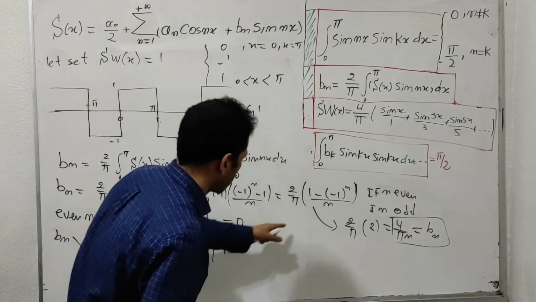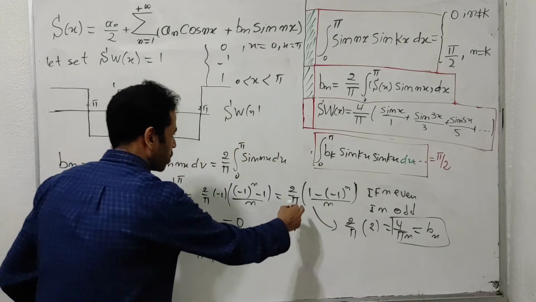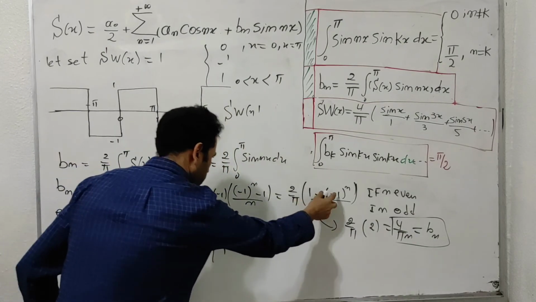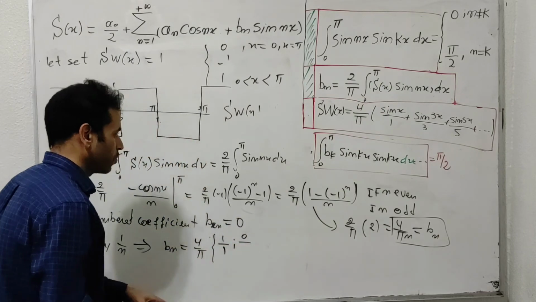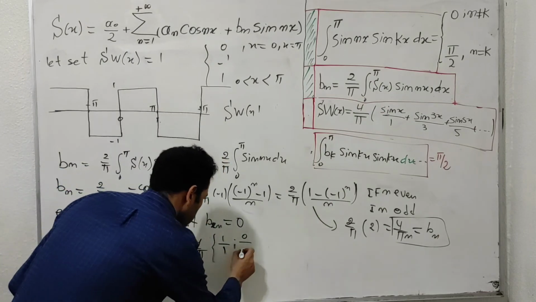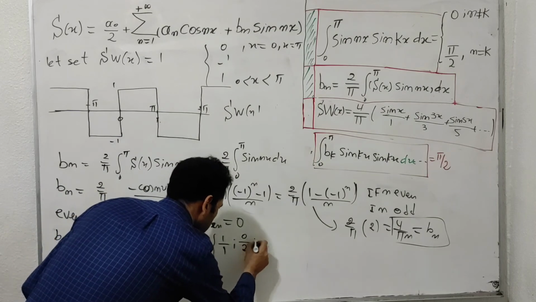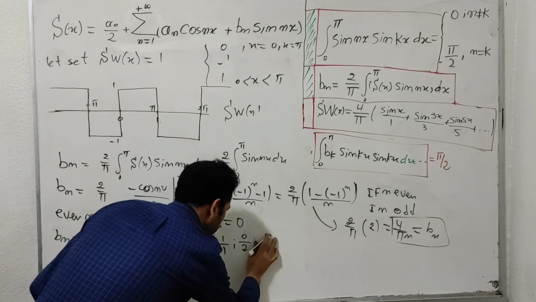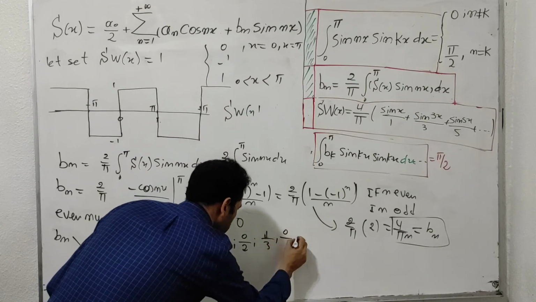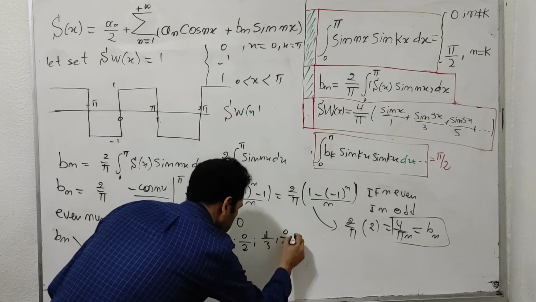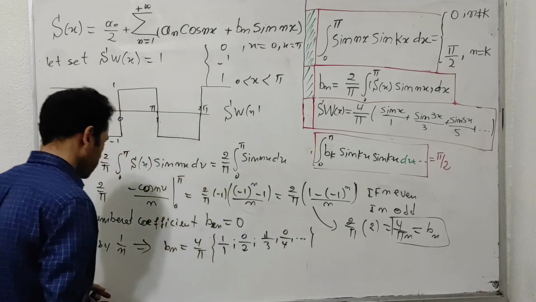All the even numbers give a coefficient of 0. The third one we will have 1 over 3. The fourth one 0 over 4, and all the way down.